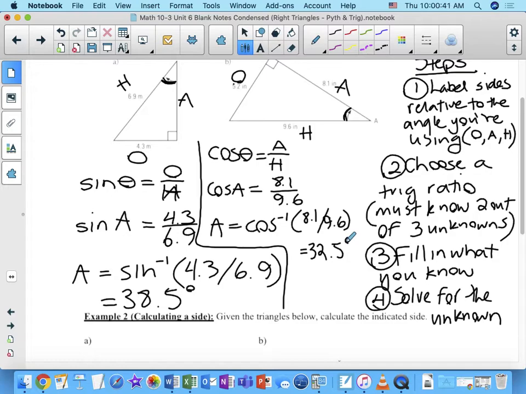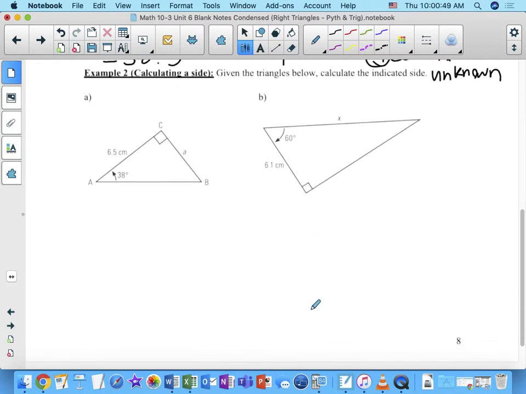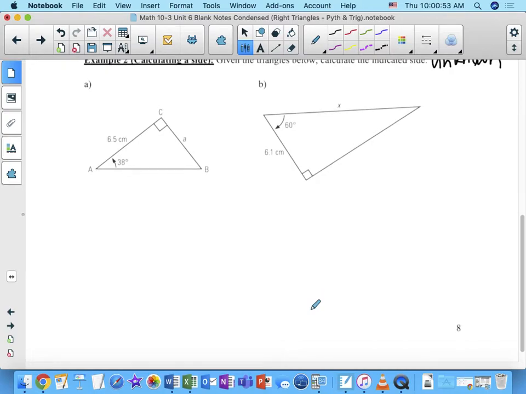Okay? Okay, so let's talk now about how to find sides. Now the steps are the same. So we're going to start out with labeling sides with the angle that we're going to use. Which angle in this picture over here do you think that we should use to label the sides? We want to find this over here.